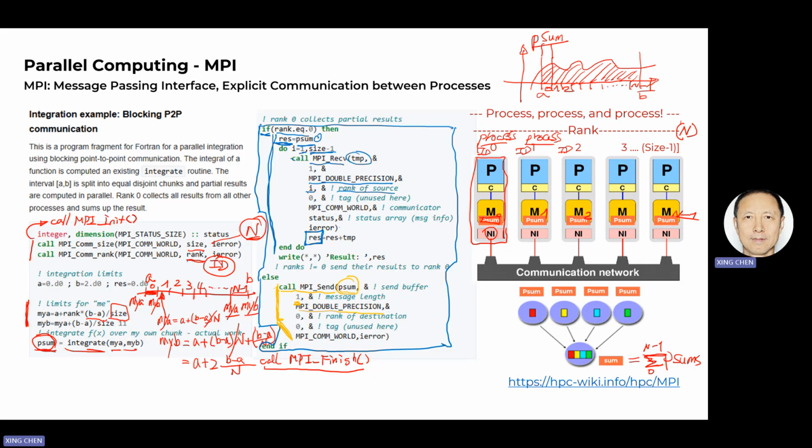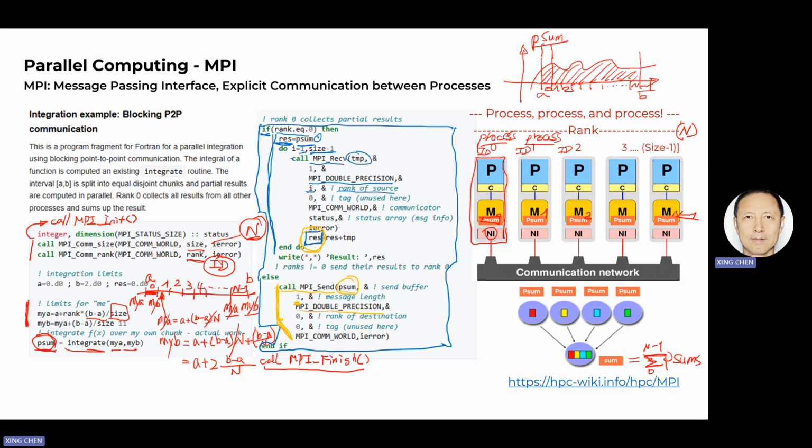After this if-else block of code has been done, the final result is that rank 0 is holding the final result, which is the sum of all the p-sums.